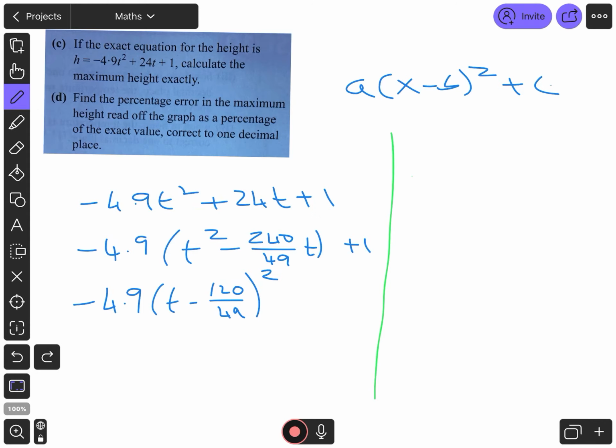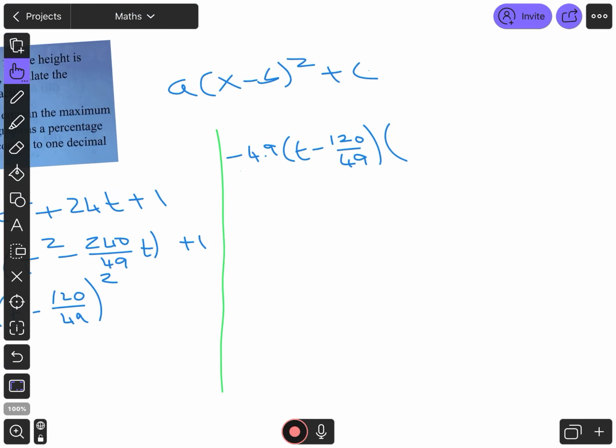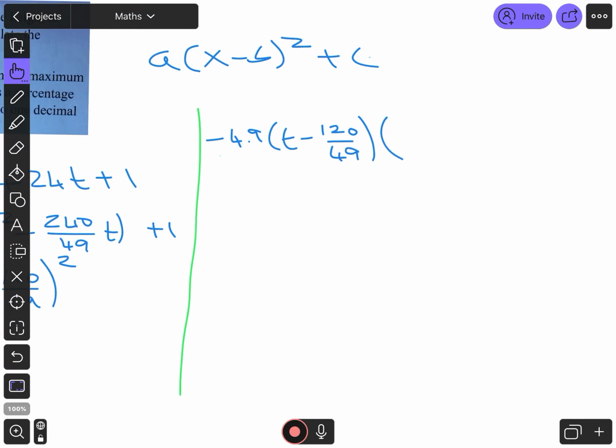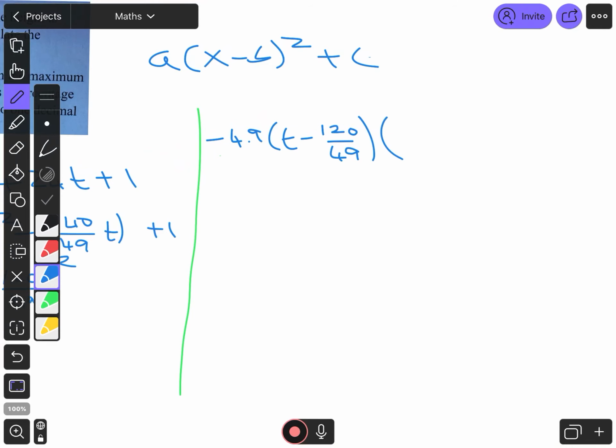So for my workings, I have minus 4.9 by t minus 120 over 49 by the same thing. So I'm going to give myself a little bit more room, and I'm going to multiply this out. t minus 120 over 49.